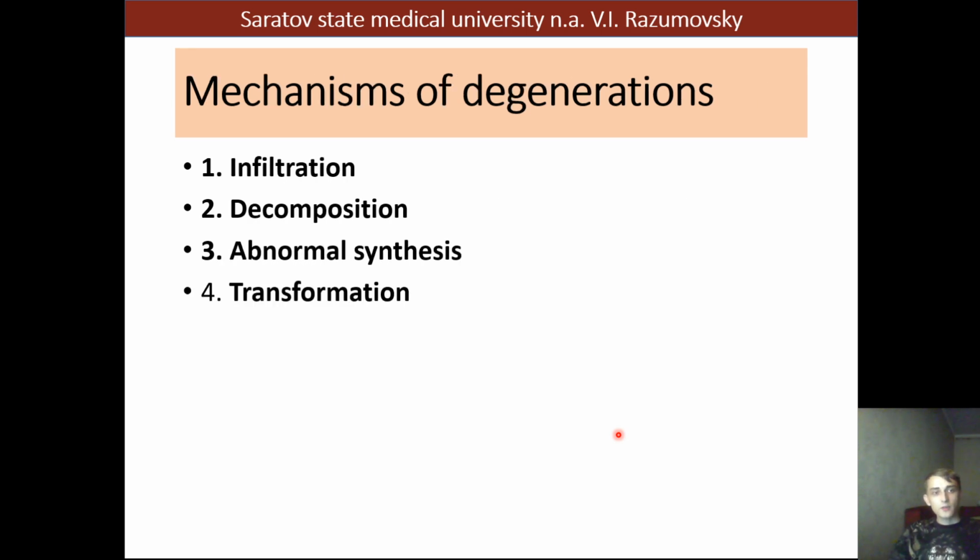So for all degenerations, we have four mechanisms of development. The first of them is infiltration. Infiltration is associated with accumulation of a large amount of some substance in the cells.